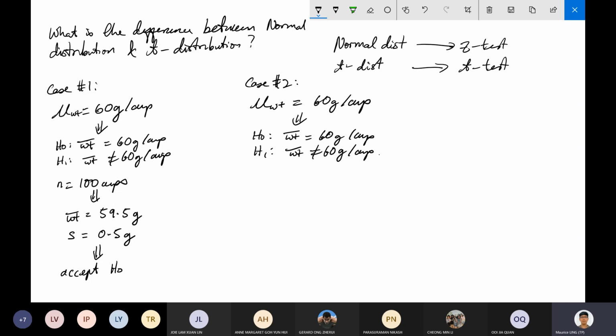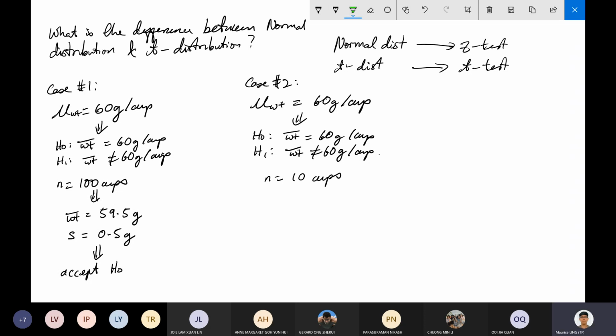But case 2, another group of you decide, why do I want to buy 100 cups for? After I buy 100 cups and clean out 100 cups, weigh them, half of the time I go eat, right? And the ice cream is really quite expensive. You buy 100 cups of ice cream, how much does it cost you? $400. So you decide, why not just be a bit lazier, you just go and buy 10 cups.